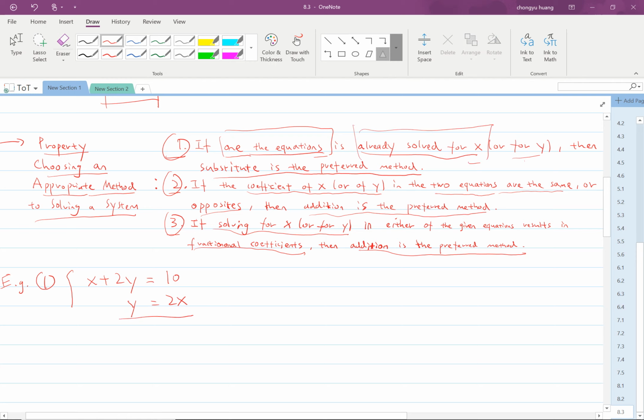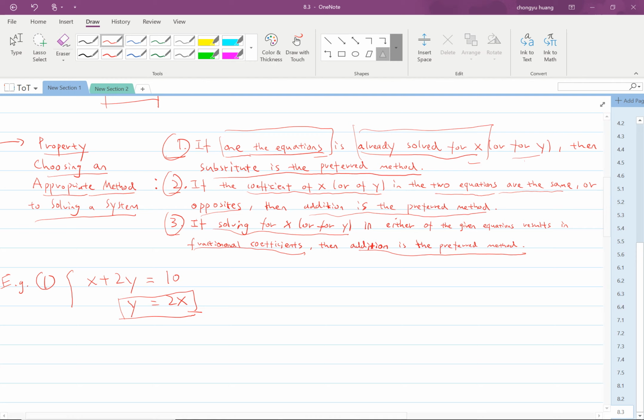Over here, this is already solved for y, right? So the substitution method is the preferred method. You just try to memorize when the substitution method is the preferred method, the equations look something like this.